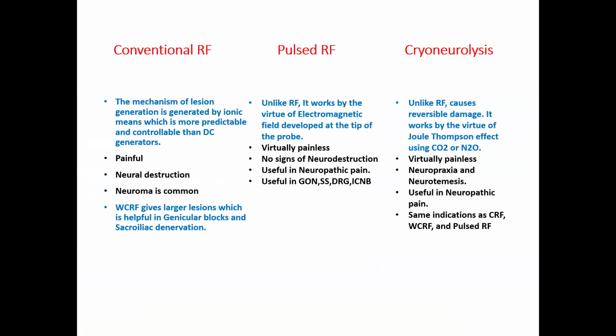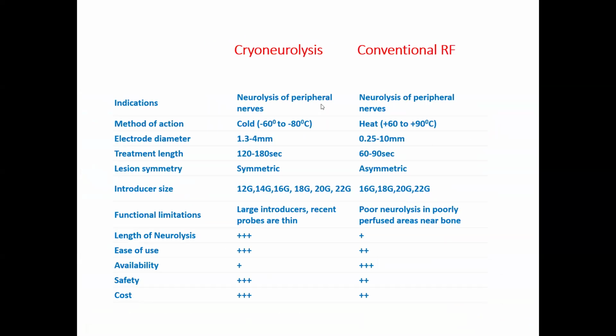You use something called the Joule-Thomson effect, and you use gases called either CO2 or nitrous oxide. Cryoneurolysis versus conventional radiofrequency: again, cryoneurolysis is less harmful and more expensive. Let me put it this way, it takes a little bit more time to do.